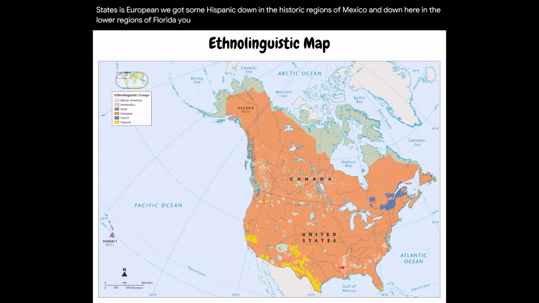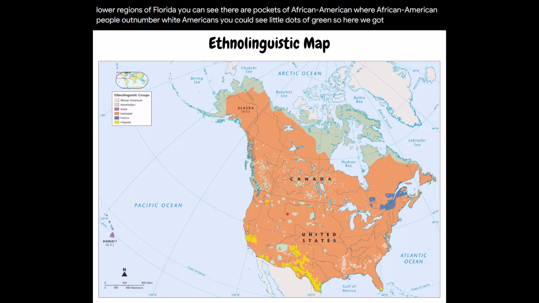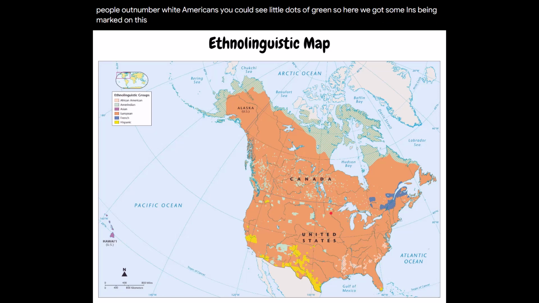You can see there are pockets of African American where African American people outnumber white Americans. You can see little dots of green. So here we got mostly reservations being marked on this map.